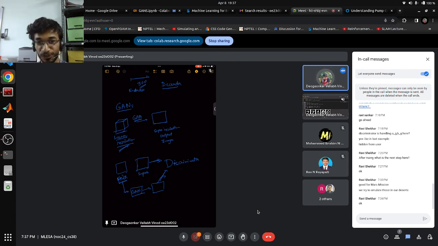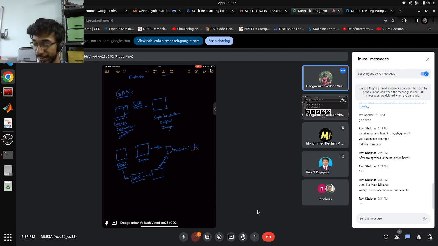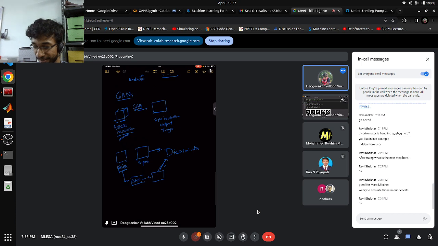The discriminator is trying to figure out whether the super resolution image that you fed in is from the real data set or is the fake addition by the GAN, the generator part. Instead of writing GAN, I will just write generator.